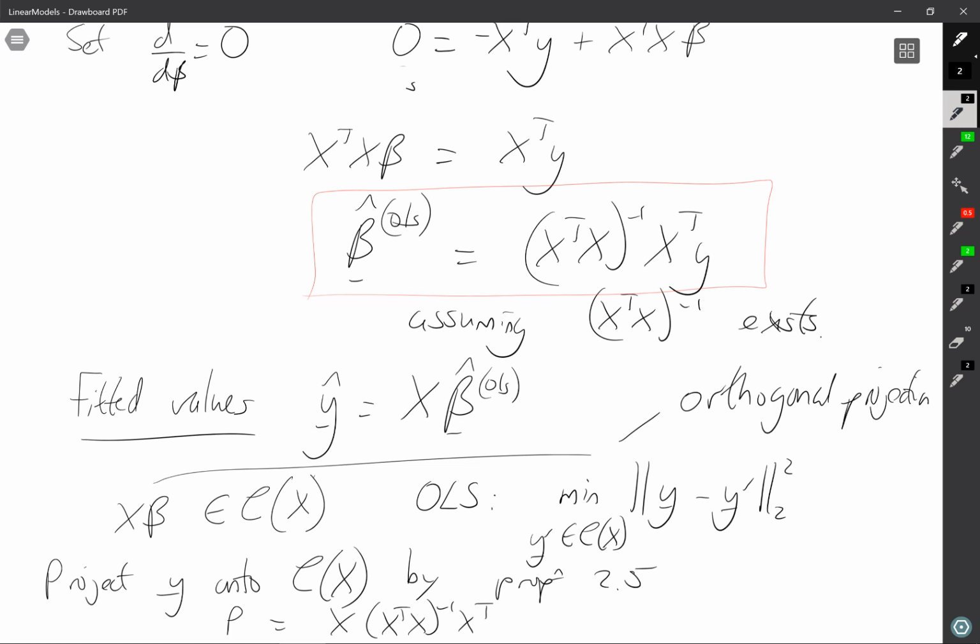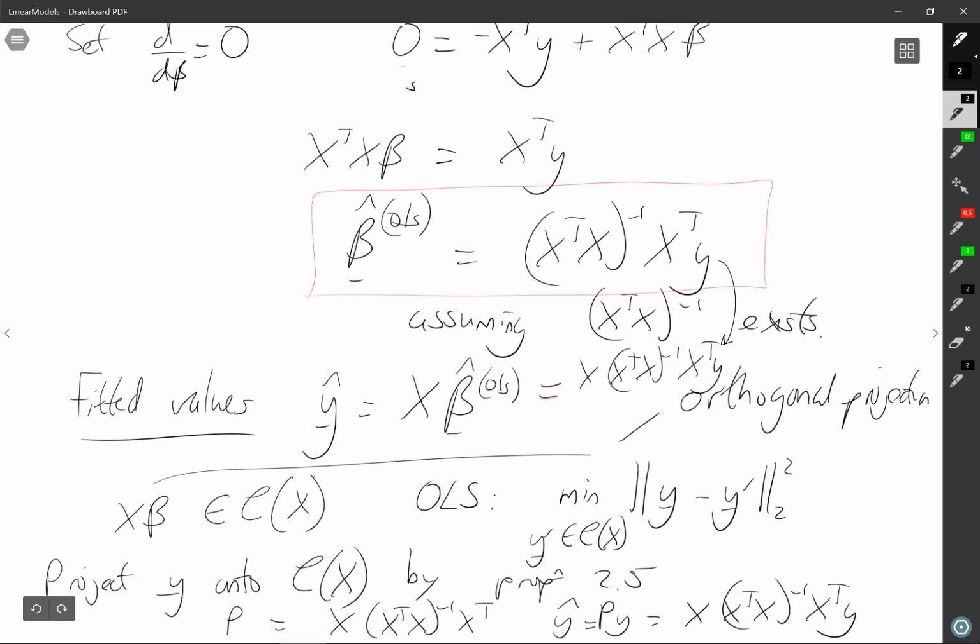If we compute the projection, y hat, the theorem tells us it should be (X transposed X) inverse X transposed y, and that is exactly what we found here. If I substitute in beta hat OLS, we get (X transposed X) inverse X transposed y. So we've got two different ways of thinking about ordinary least squares.